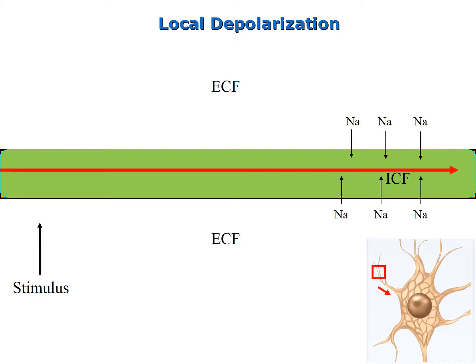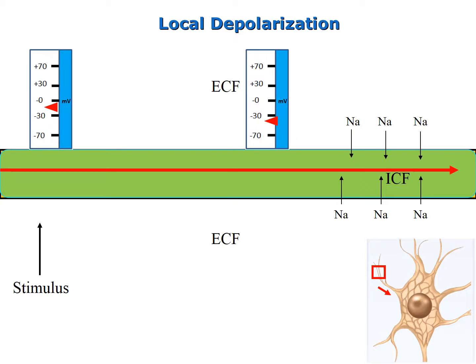I want you to note that a local depolarization does degrade as it moves farther and farther away from the stimulus. If we took a voltmeter and we measured the depolarization at the site of the stimulus, for example, it may register, and this is hypothetical, let's say it moved all the way from the resting membrane potential of -70 all the way up to, say, -15.